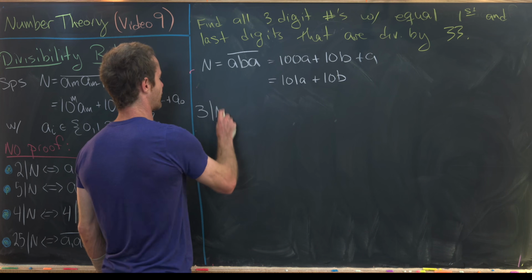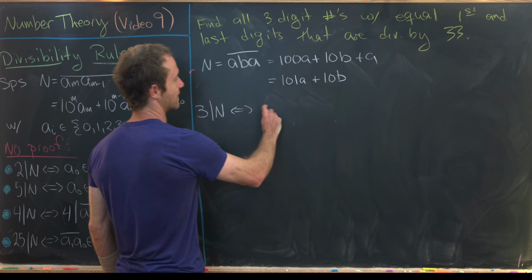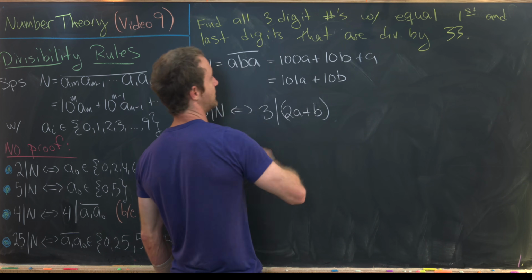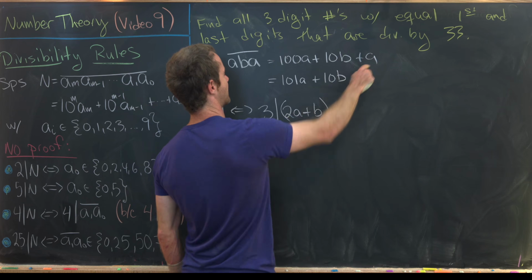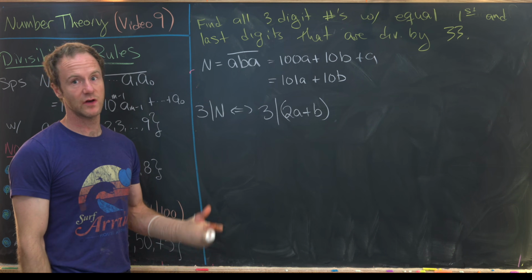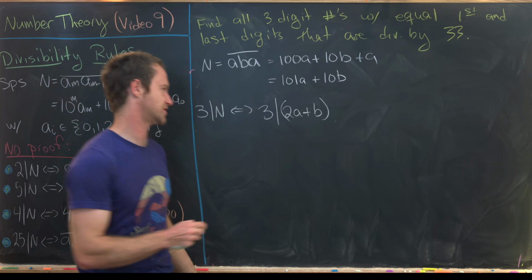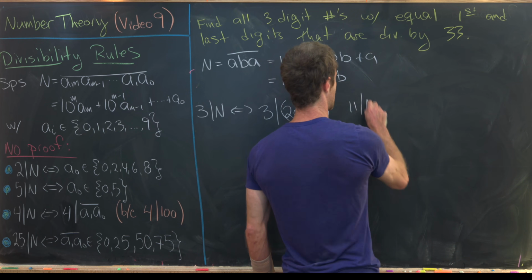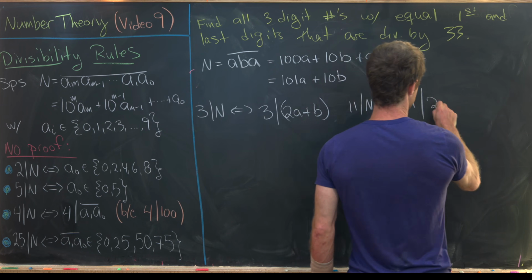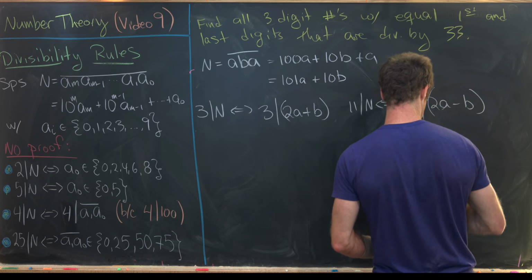So notice that 3 divides n if and only if 3 divides 2a plus b, because we've got a plus b plus a. Now let's do the divisibility rule for 11, which is the same kind of thing, but with an alternating sum. So we know 11 divides n if and only if 11 divides 2a minus b.